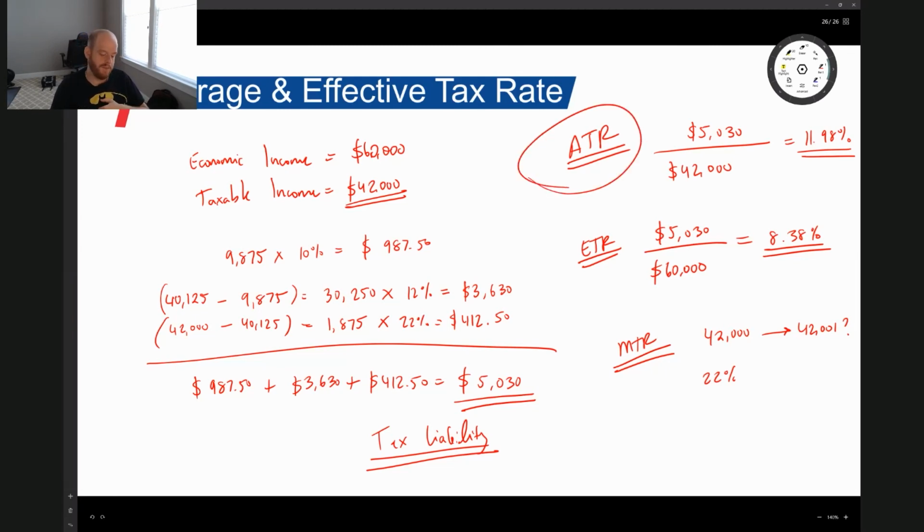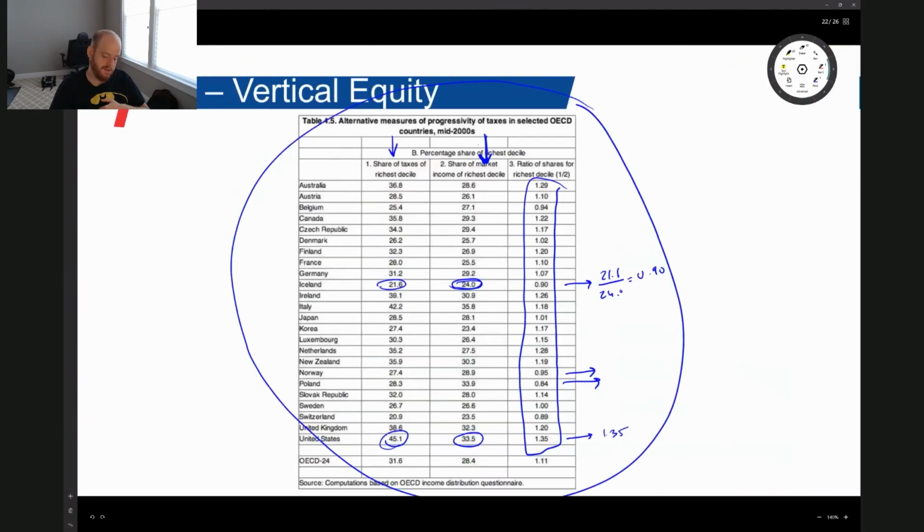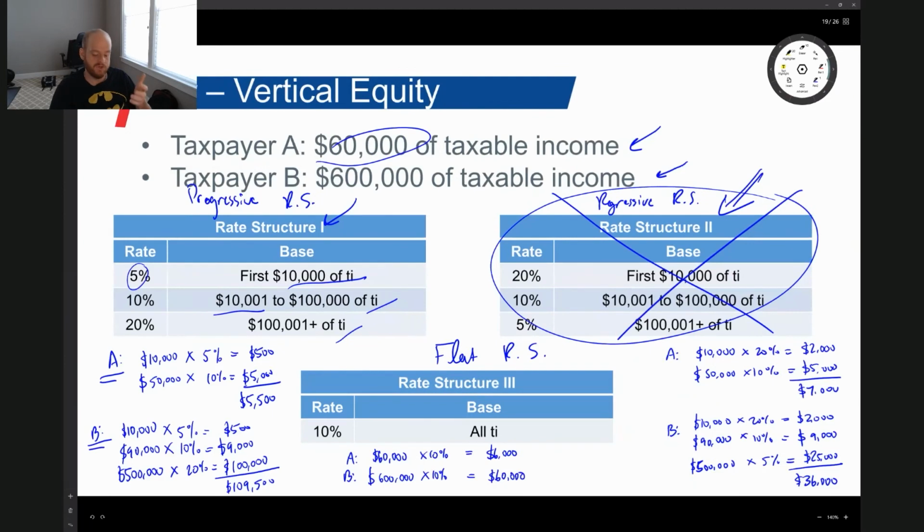And when we're talking about concepts of vertical equity and horizontal equity, we need to think about average tax rates, right? If we go back to this example and calculate average tax rates here, you'll see that under rate system 1, this individual has $5,500 of tax liability and $60,000 of taxable income. So his average rate is going to be 5,500 divided by 60,000. It's going to be 9.1%.